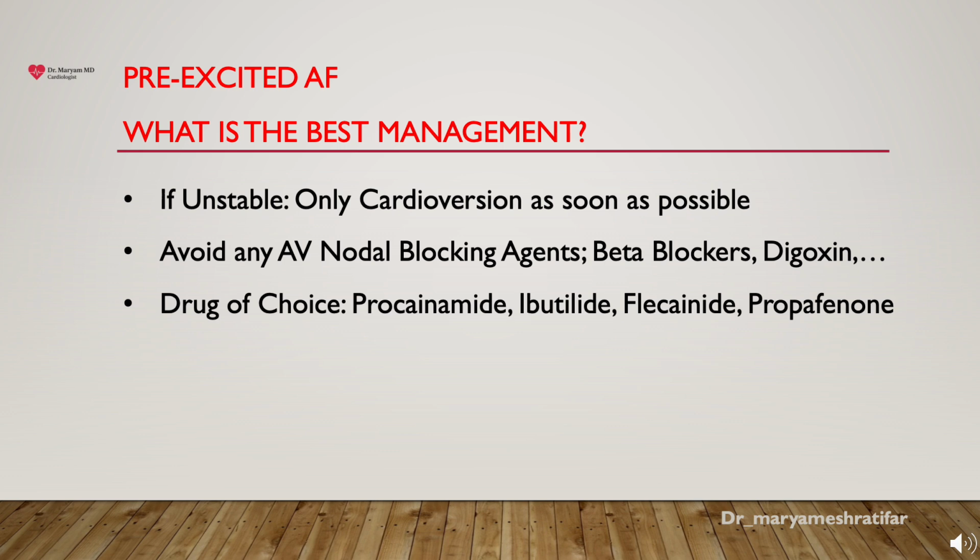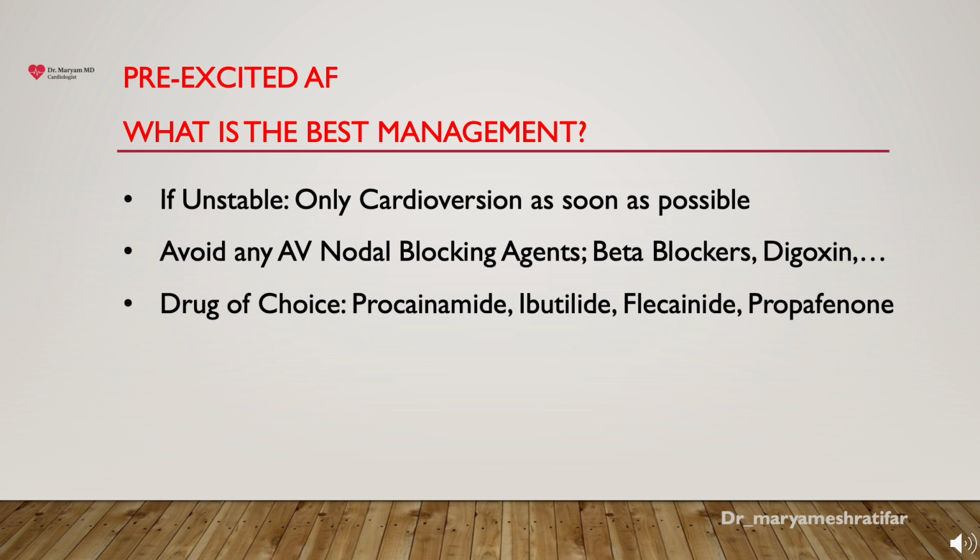Because an accessory pathway is involved, using only AV nodal blocking agents can be extremely dangerous and may precipitate ventricular fibrillation. According to current guidelines, only specific medications may be used in this setting.